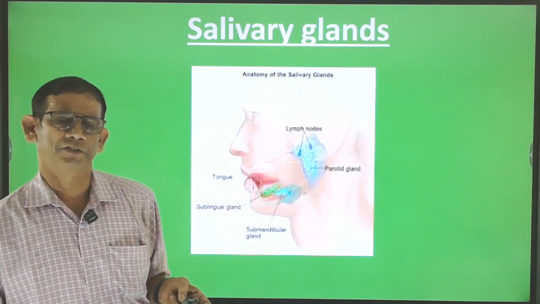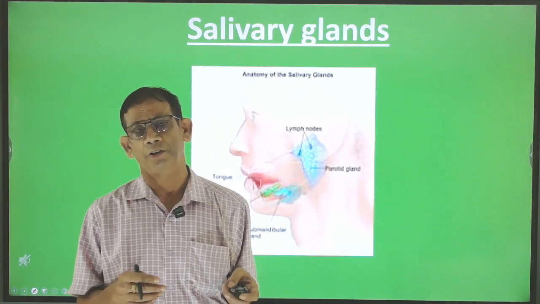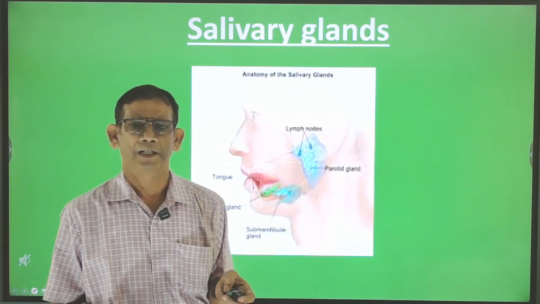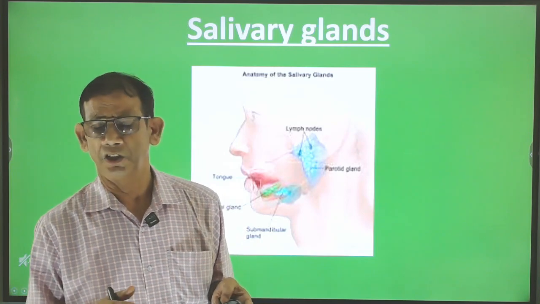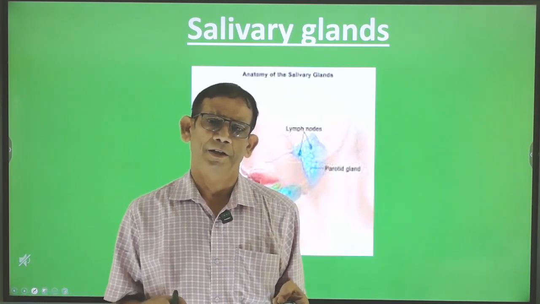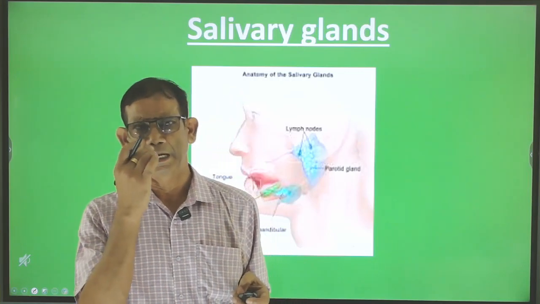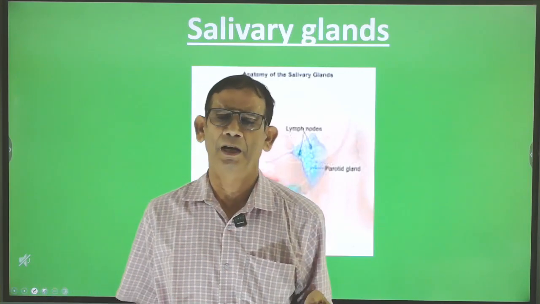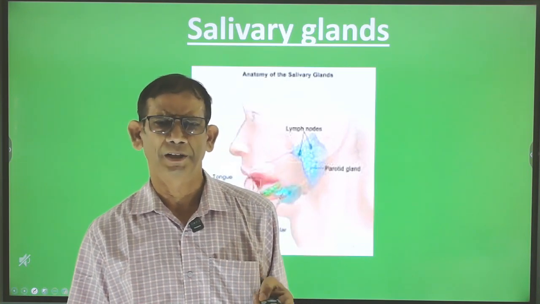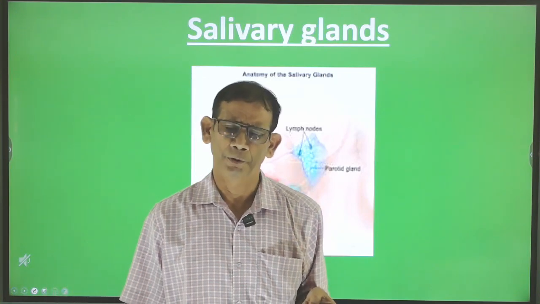So all these salivary glands secrete saliva, of which most is secreted by the submandibular glands. It helps in the digestion of carbohydrate, but in the mouth, von Ebner's gland, present just above the tongue, helps in a small digestion of the lipid present in the food.